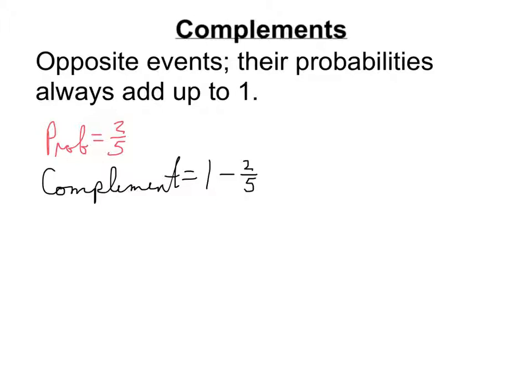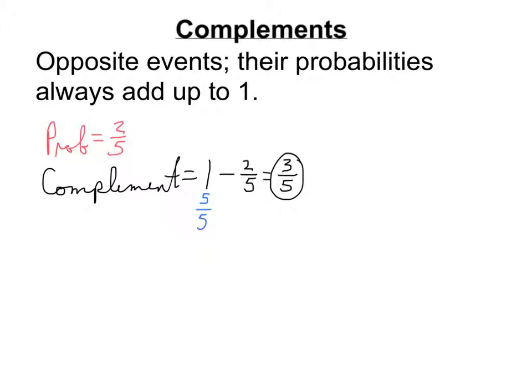Well, 1, as we remember, is really 5/5. So I have 5/5 minus 2/5, which means that the complementary probability is 3/5. So if this is the probability that it will snow today, this is the probability that it will not snow today.